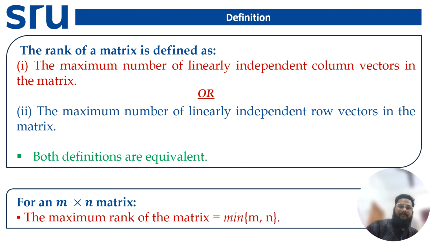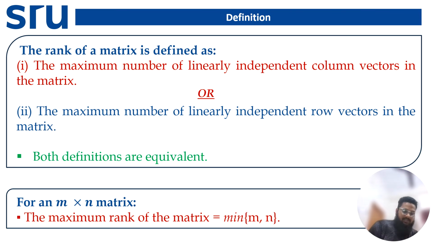So let's begin. The definition of rank: the rank of a matrix is the maximum number of linearly independent column vectors, or you can say row vectors, in a matrix. In the last lecture we already discussed what linearly independent means.